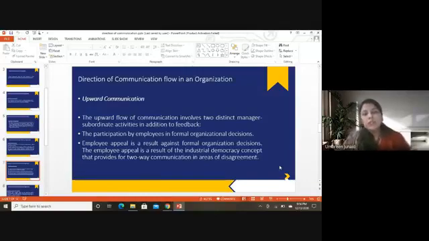This is very important, that not only the feedback that you need from them, but another important thing, that when formal and essential organizational decisions are being taken, it is good to talk to your employees, have their response, send them maybe a questionnaire, some kind of review sheet, and ask their opinion. For example, you're going to launch something new in the market.